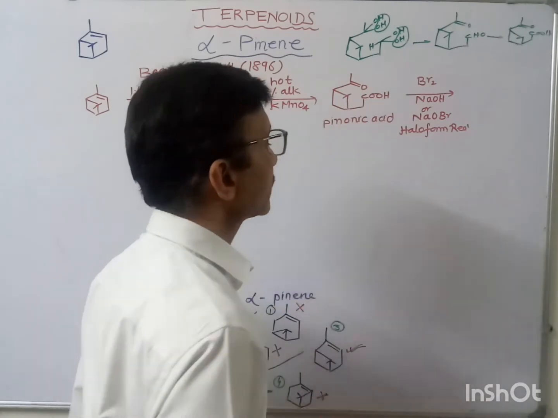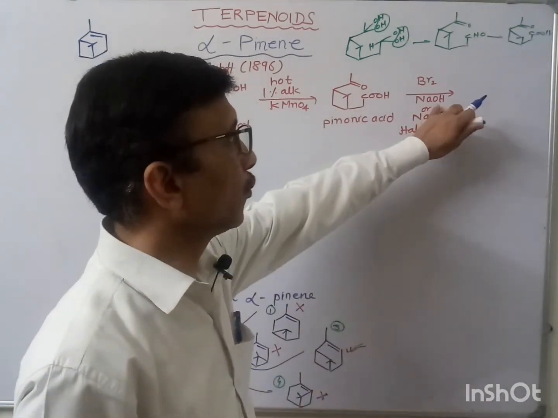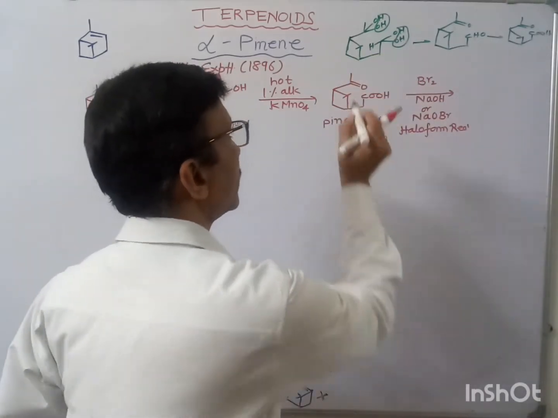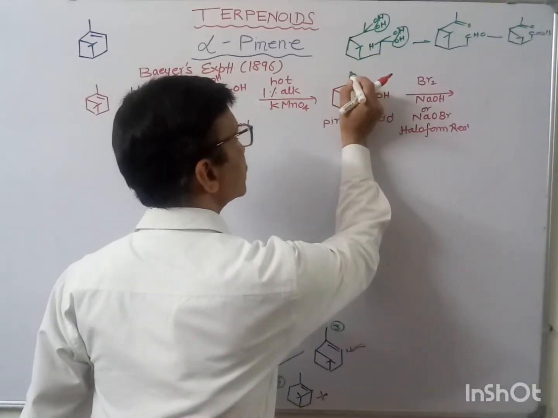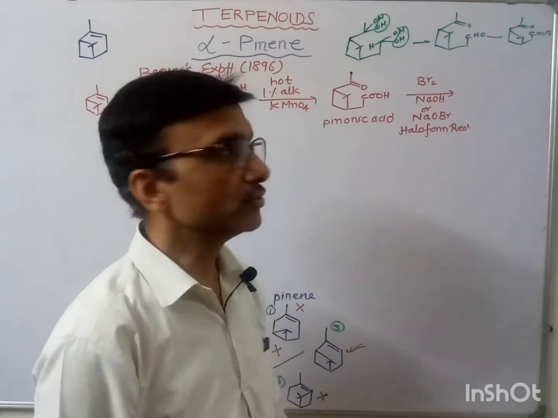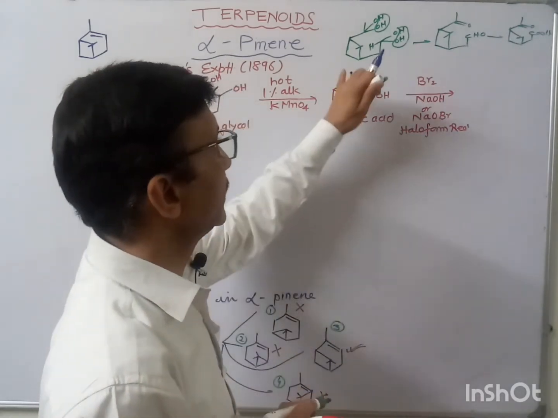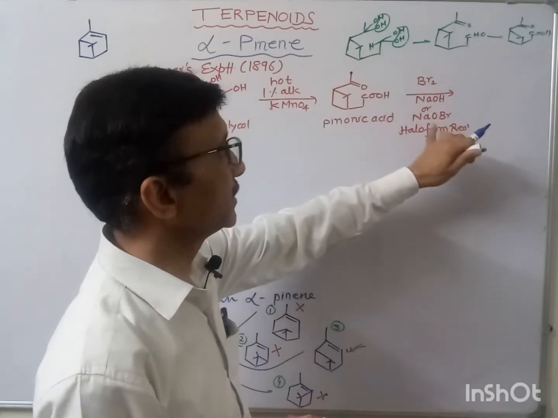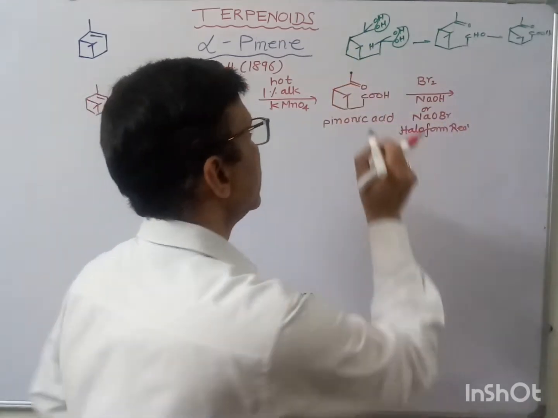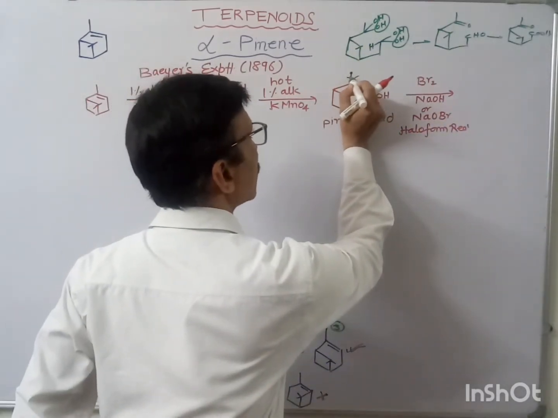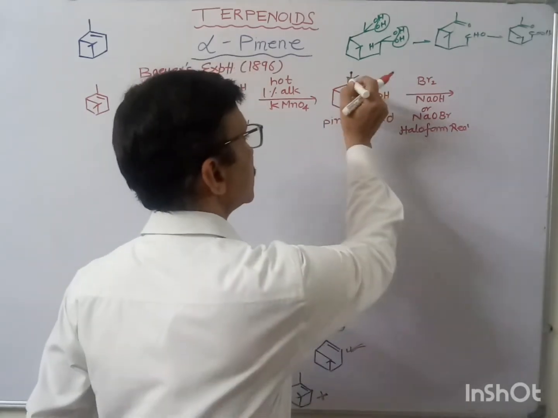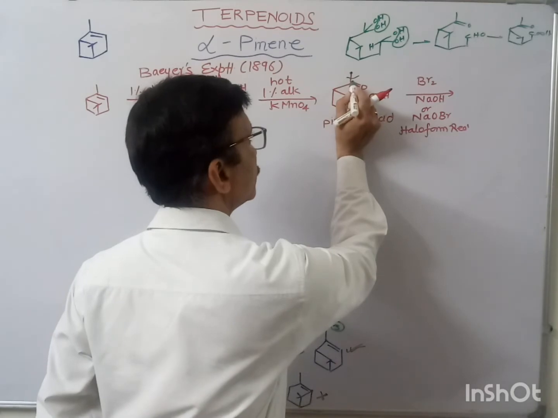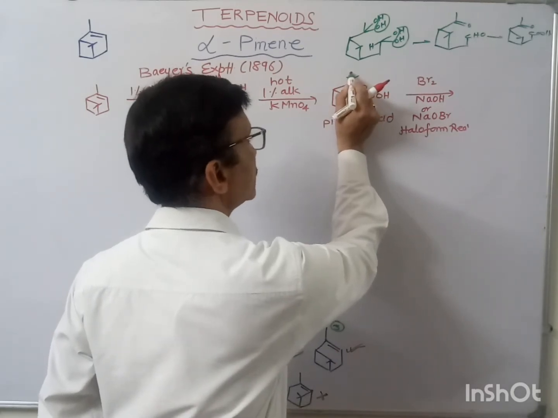So here, this OH base will take out one of the hydrogens from here, and again a second hydrogen and a third hydrogen, like this. Finally this bond will be broken from here, and this will get hydrolyzed.